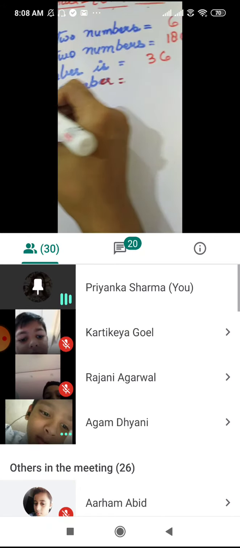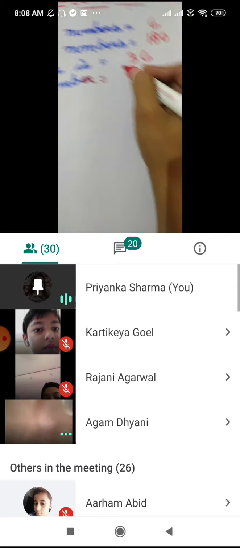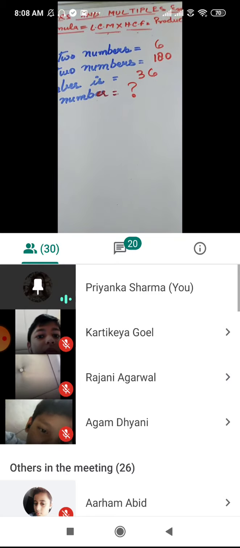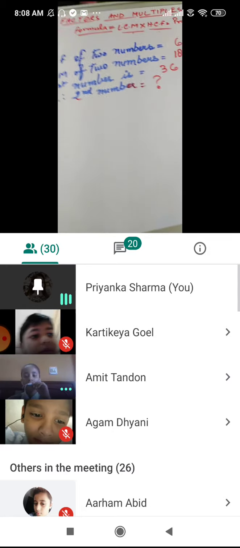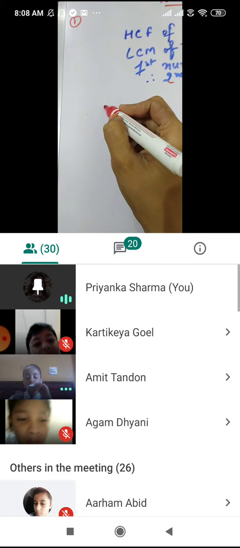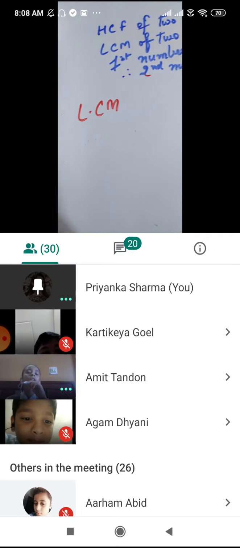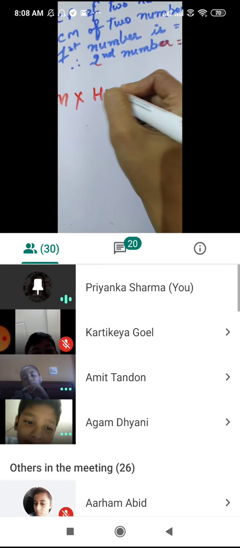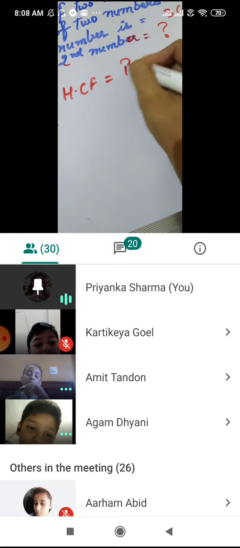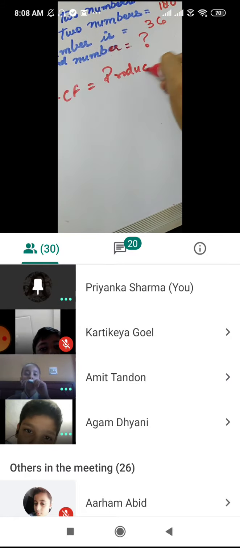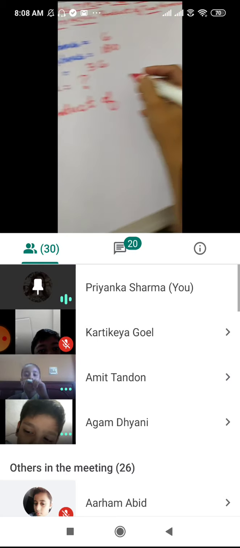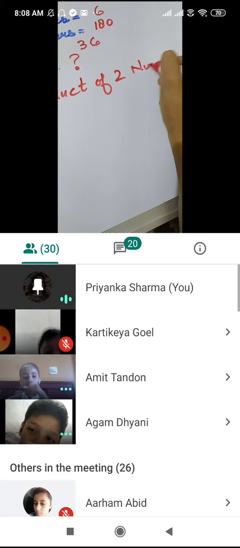And now we have to find the second number, so we are going to put the question mark. Okay? Information written. Then the next step is the formula. LCM into HCF is equal to product of two numbers.